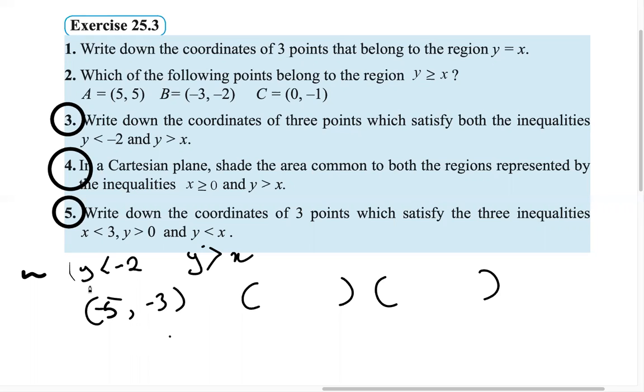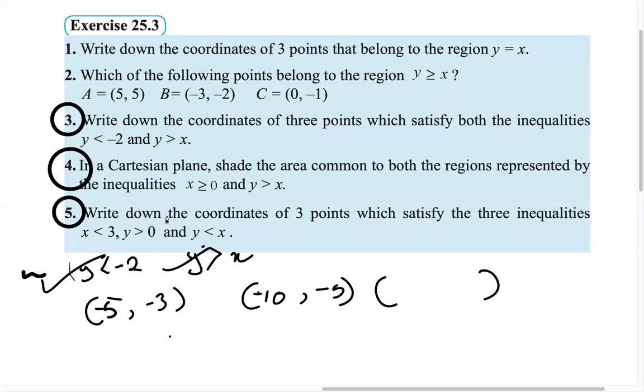And you can consider any value which is smaller than this for x. You can consider -10, anything. Both the conditions should be satisfied. Hope you could understand. You can use any points over here.